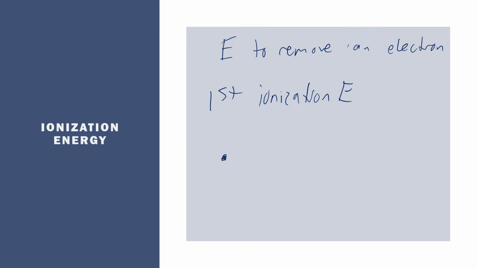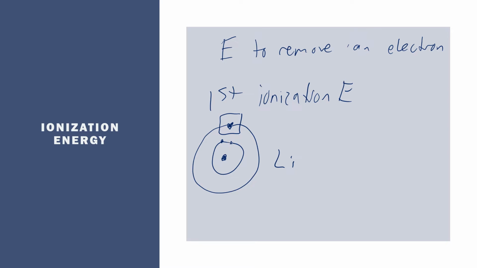So if we go back to lithium, and again I'm using Bohr models, the first ionization energy would be the energy required to remove this electron. And then the second ionization energy would be the energy required for this second electron.